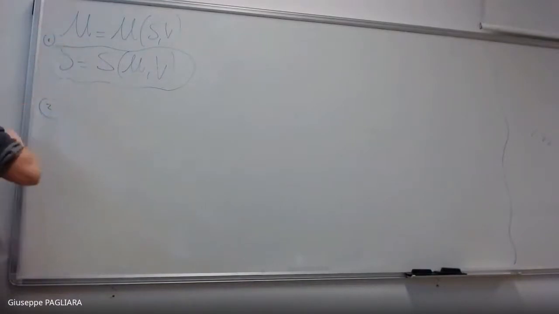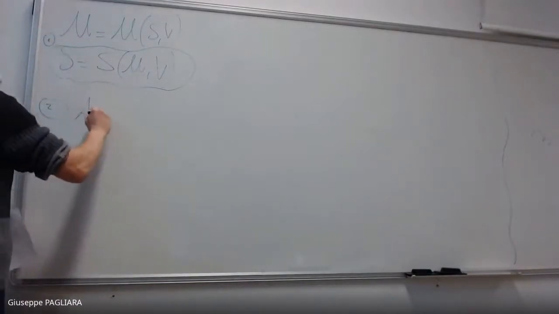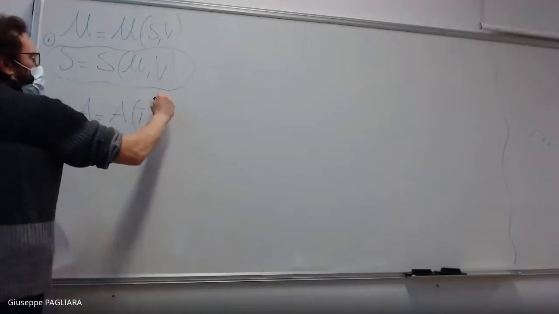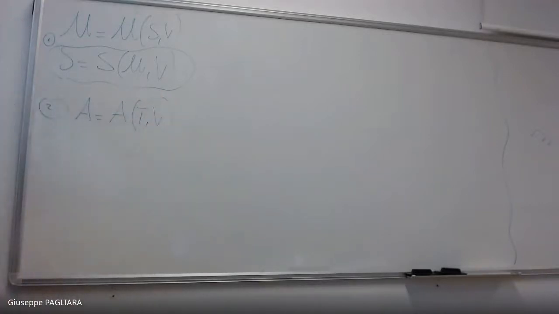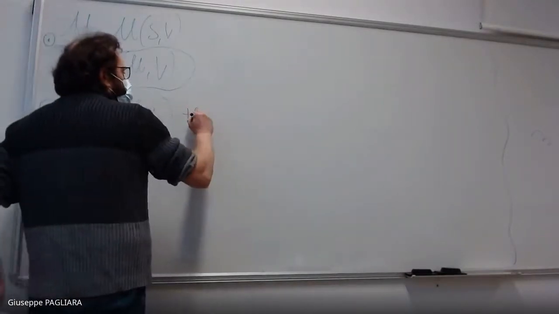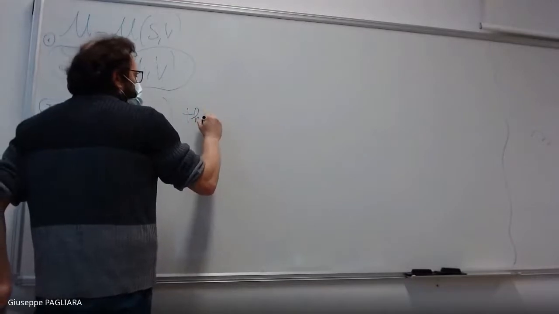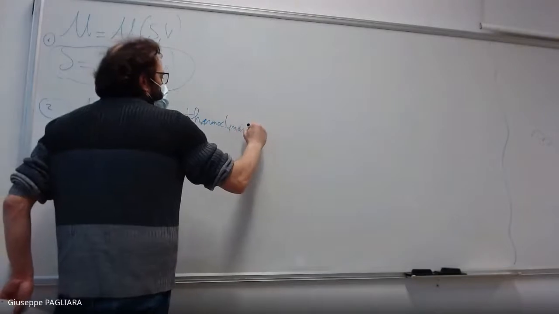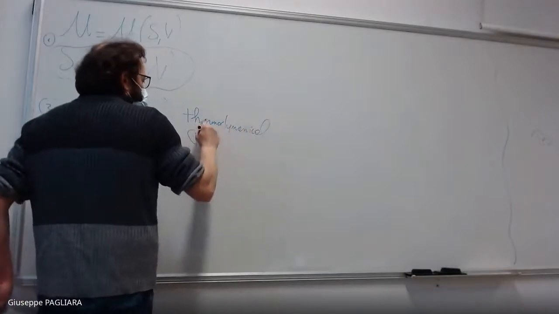Then we had a function A, which is a function of temperature and volume, and it's called Helmholtz free energy. Now we will introduce another potential. So this is an example of what is called a thermodynamical potential.